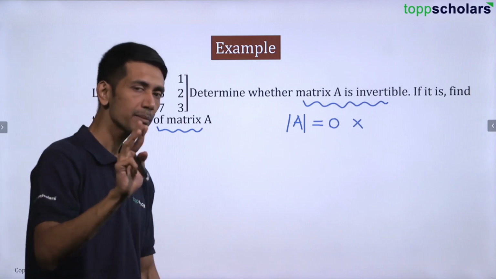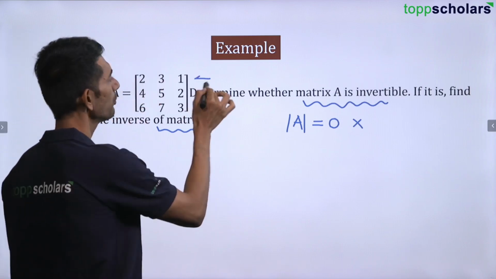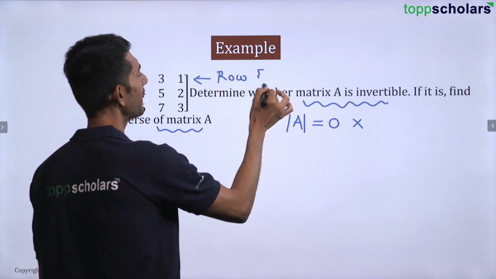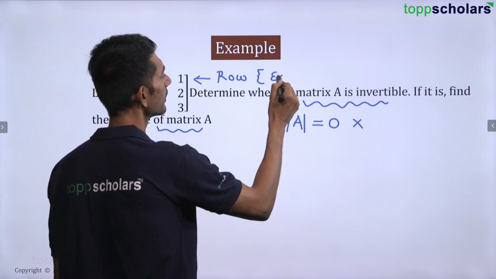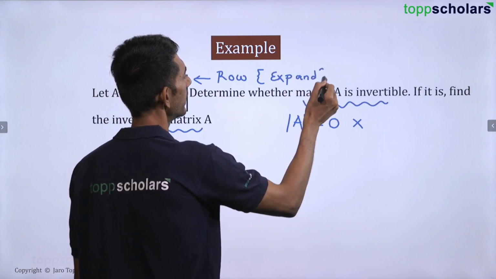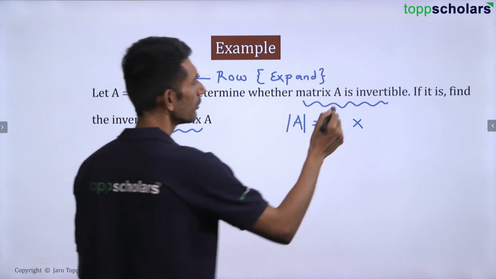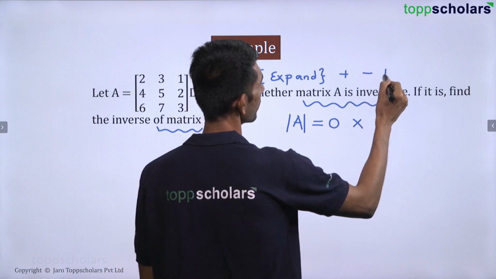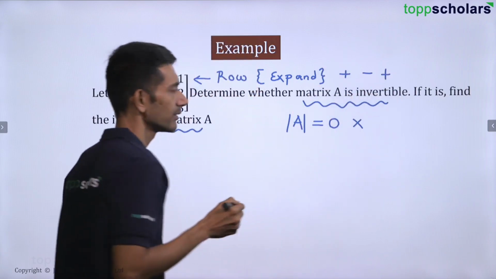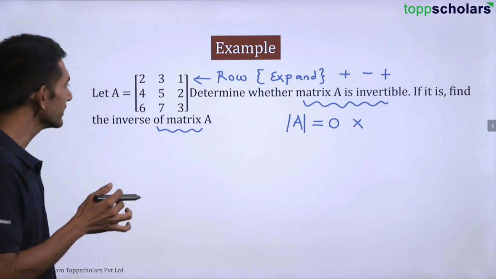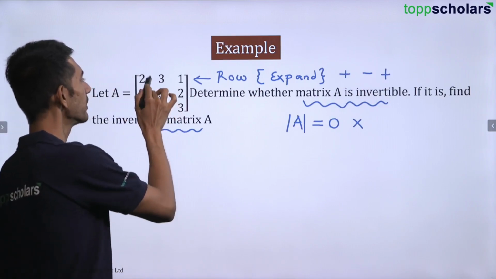So whenever we have a 3 by 3 matrix, what we do is, you pick up any row and you expand that along the row by taking plus, minus, plus, alternate plus, minus. How? I'll tell you. So first row, what are the elements? The elements are 2, 3, 1.